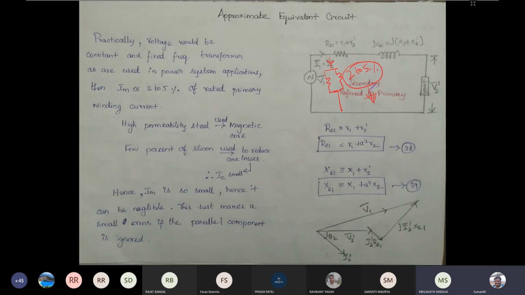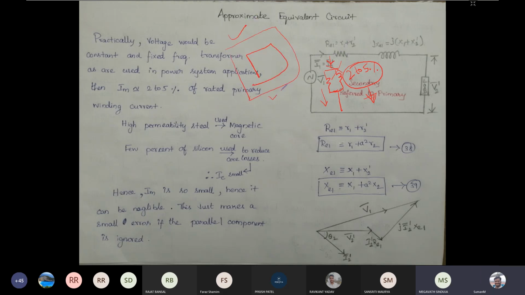Then the current flowing through this will be very minimal when compared to the rated current flowing through the path. So if the rated current is very much higher when compared to the magnetizing current flowing through this path, we can neglect this component. How can we do this? We have to choose the material. Whenever we are talking about the material, we have a core here.